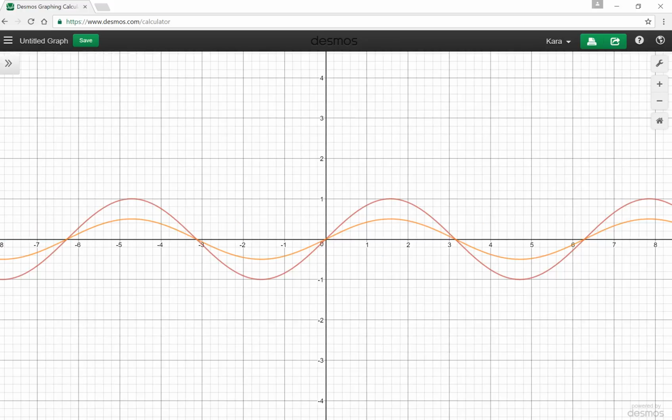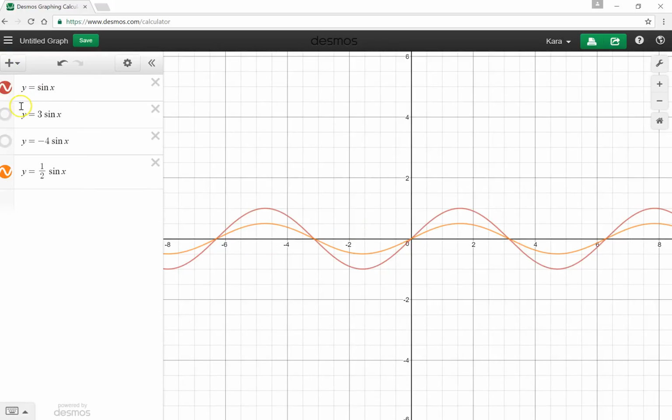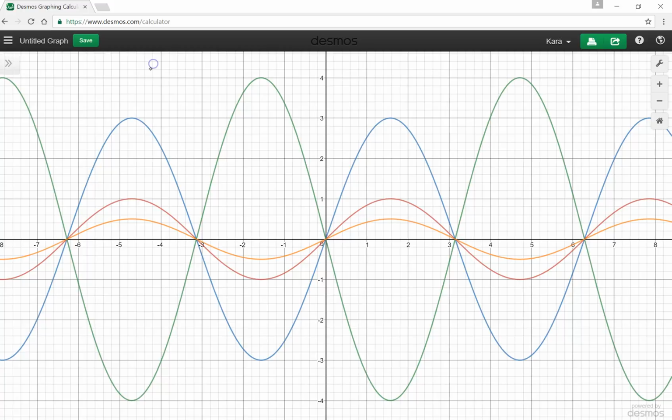Well, it's right side up, but my minimum value is negative 1/2 and my maximum value is positive 1/2. So the key points my graph goes through, my x-intercepts, stay the same. If I turn them all on, you can see the x-intercepts are exactly the same for all three of them. But what has changed are my amplitudes. And when I put a negative in there, it actually flipped my whole graph upside down as well.